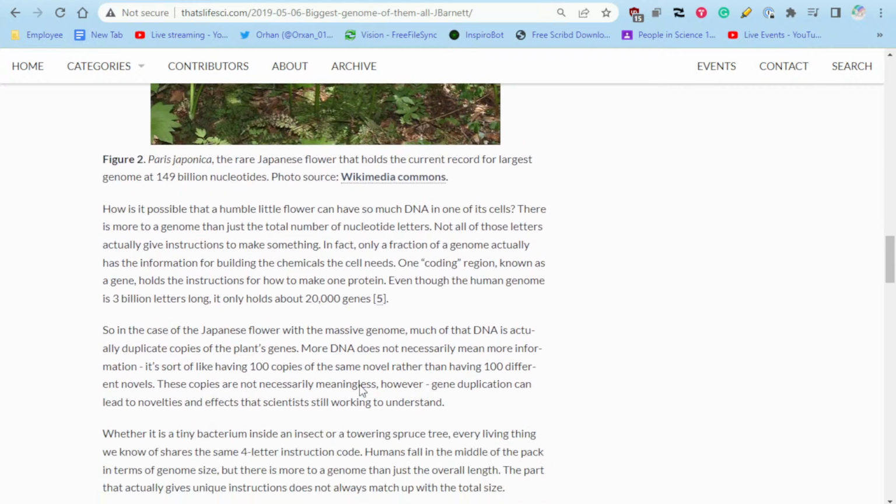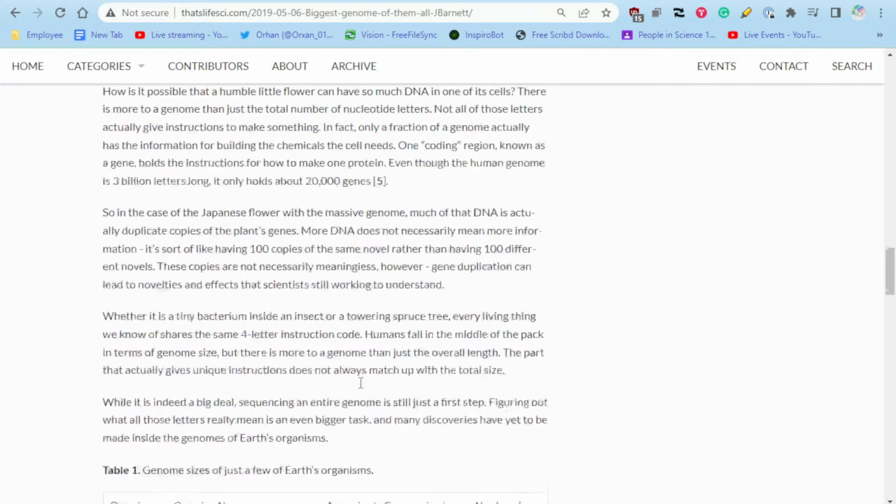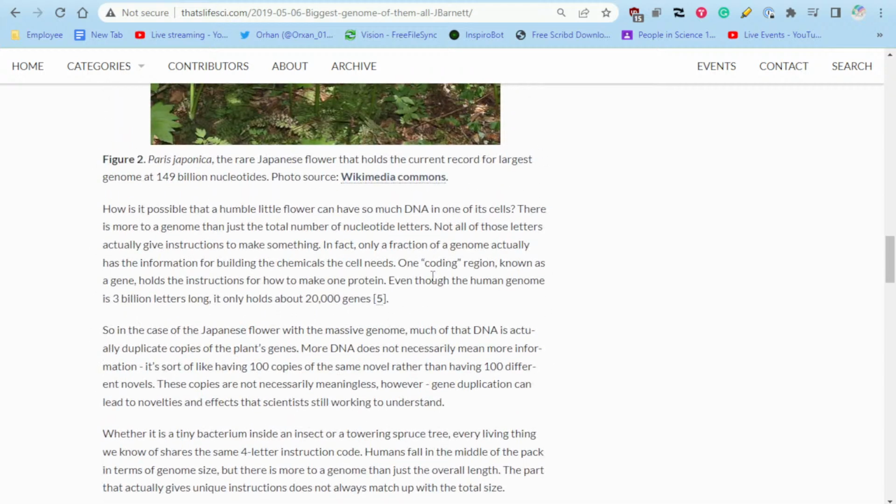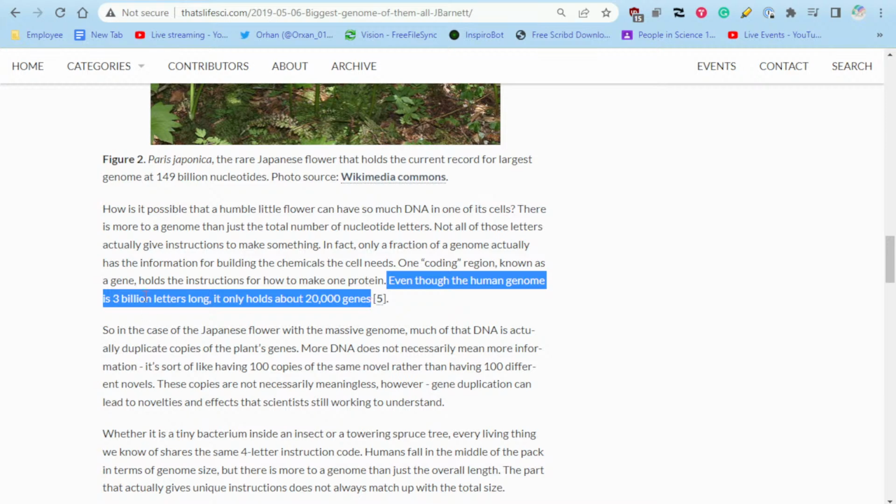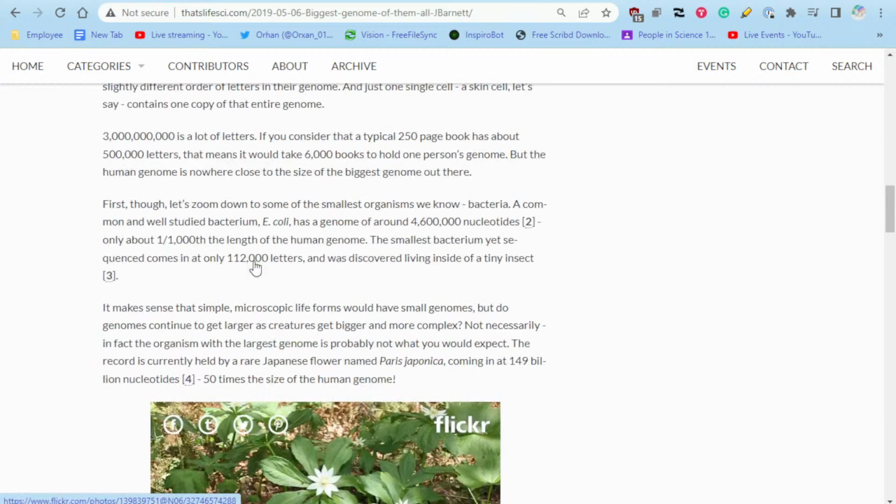Well, I thought it said that, and now it's not telling me the number of genes. Now that's humans. 3 billion letters we are. It still didn't say the number of genes. I'm going to take away from this, they don't know yet. And they're just guessing.